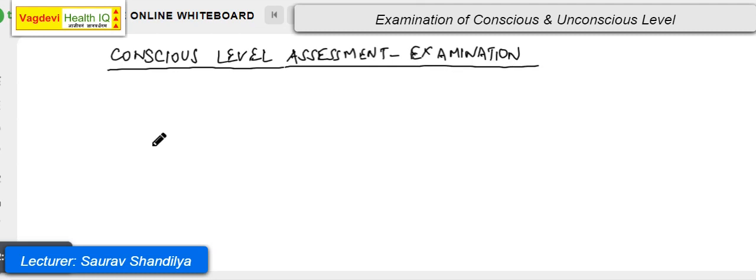First we will talk about conscious level, and similar to that, we'll be talking about unconscious level, where we will be learning about the different components. Most of the time, systemic problems in the body, and problems from the cerebrum, cerebellum, I mean intracranial problems, usually cause a kind of depression to our conscious level.